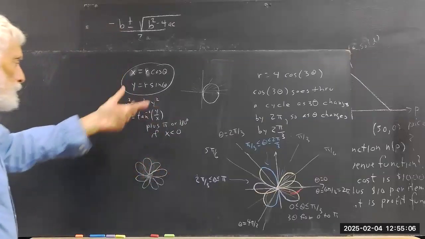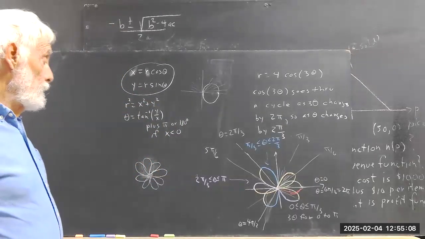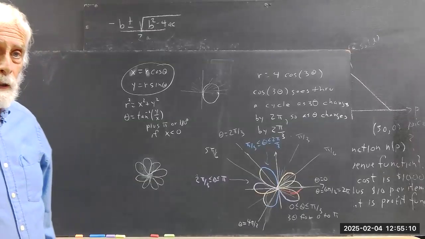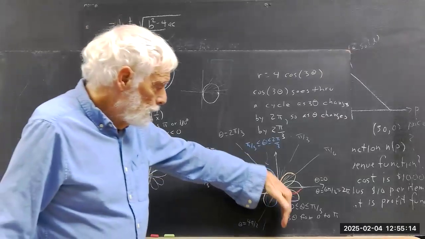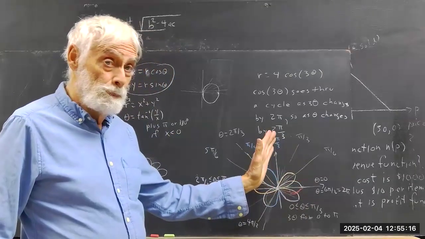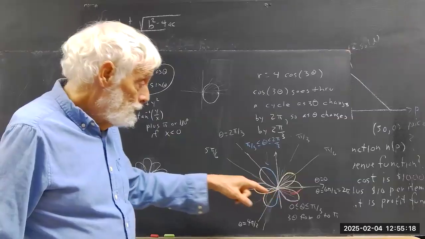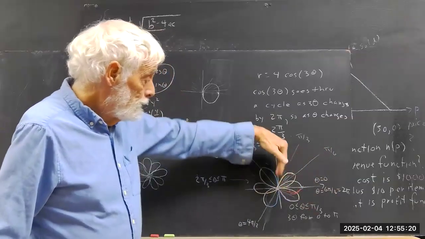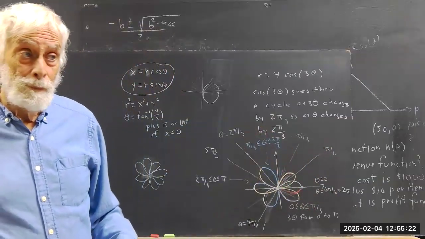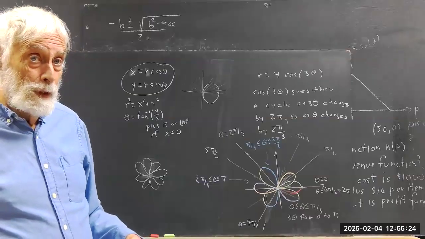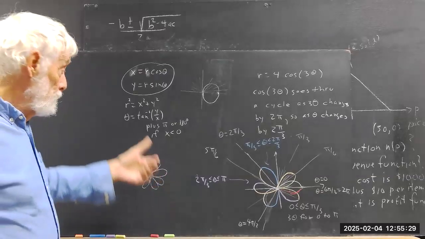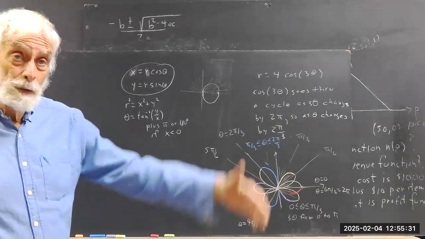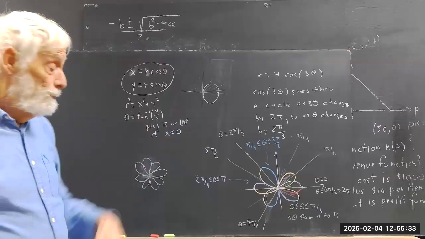If x is negative, you have to add pi or 180 degrees. That's because the inverse tangent, as I hope you know, gives you an angle between negative pi over 2 and pi over 2. The angles are always to the right of the y-axis. So if you happen to have a negative value of x, the tangent only gives you angles from negative pi over 2 to pi over 2.